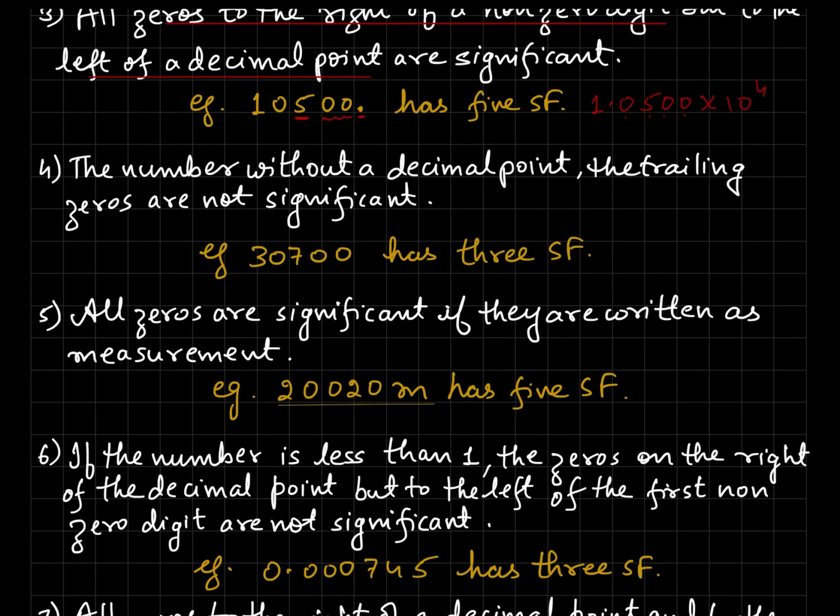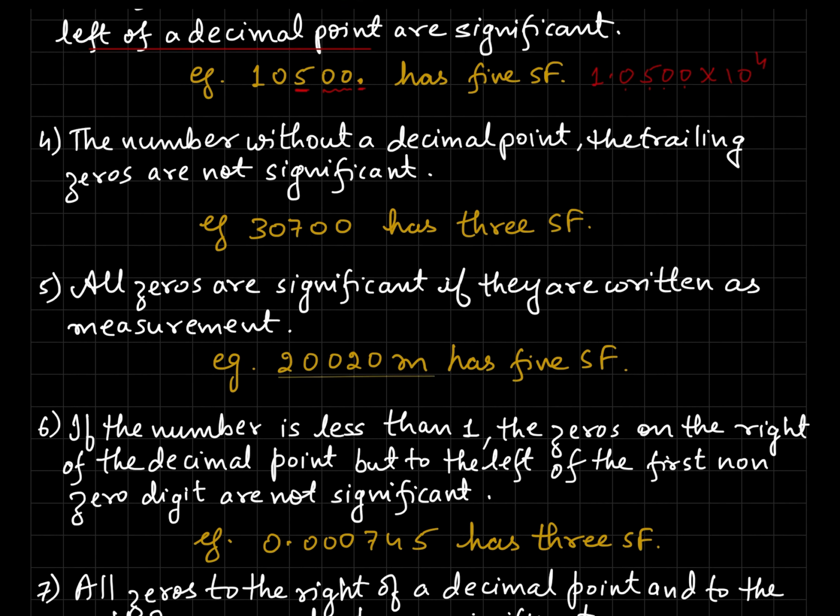Then, if the number is without a decimal point, the trailing zeros will not be counted. Like here you can see 30,700, but there is no decimal point after the two zeros after 7. So these two zeros are not important, because when I write this in standard form, I will be writing 3.07 times 10 raised to the power 4.